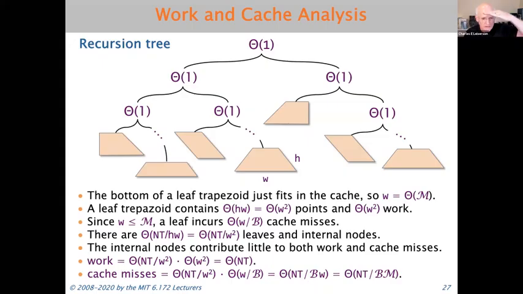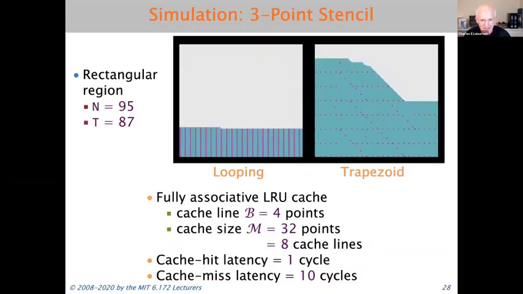So I showed you the iteration in time, but that's not real. So let's have some fun. I want to show you a simulation. We're going to race the divide and conquer algorithm against the looping algorithm. And we have a 3-point stencil we want to compute. The simulation is going to go for 87 steps on a one-dimensional grid of 95 points.